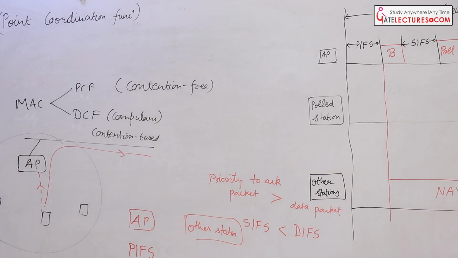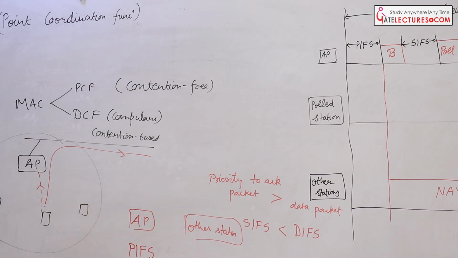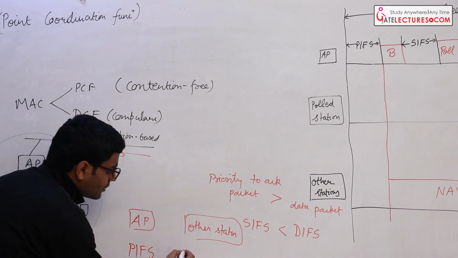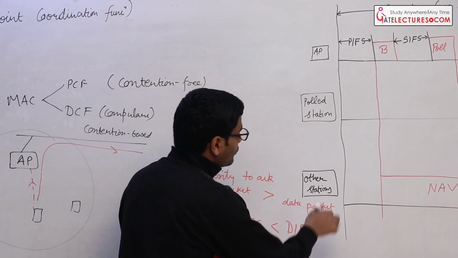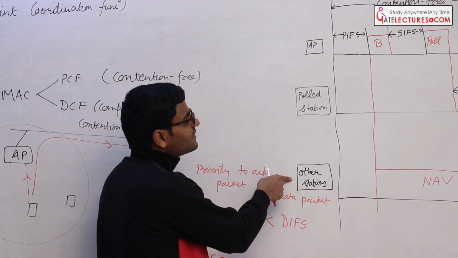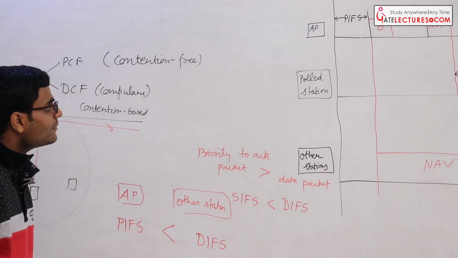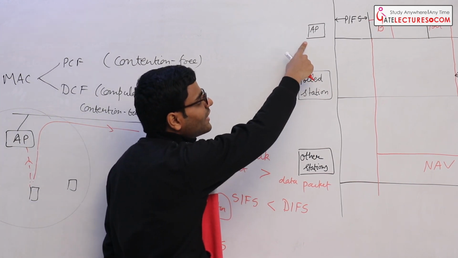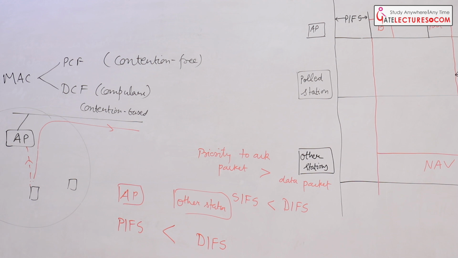If I want to give priority to the access point so that the contention free services will start earlier, PIFS has to be smaller than DIFS. So even if the other station and the access point sense the channel at the same time, the access point will get access to the channel first, because PIFS is smaller than DIFS.